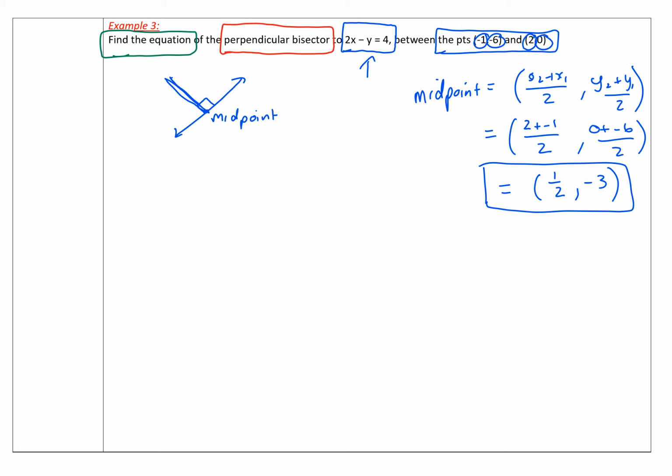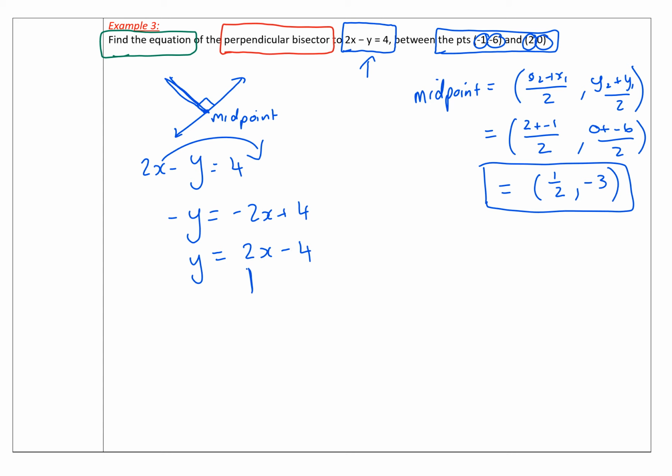The other information is that it's perpendicular to 2x minus 4. So if I had 2x minus y equals 4, and I bring that 2x over, minus y equals minus 2x plus 4. If I multiply by negative, y equals 2x minus 4.